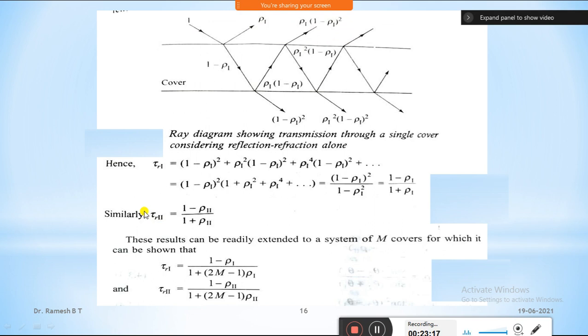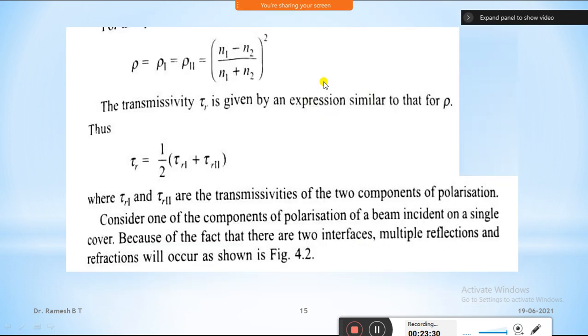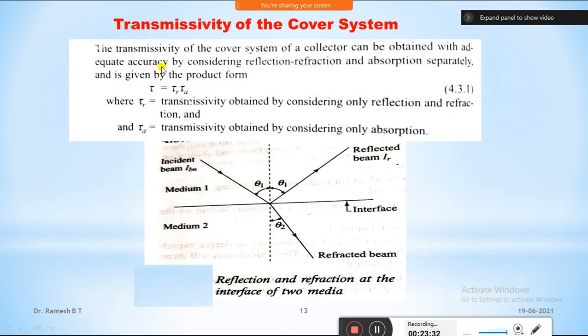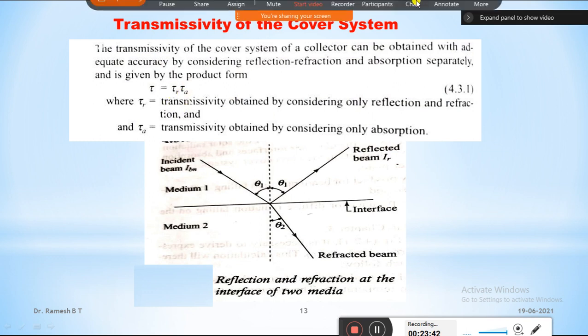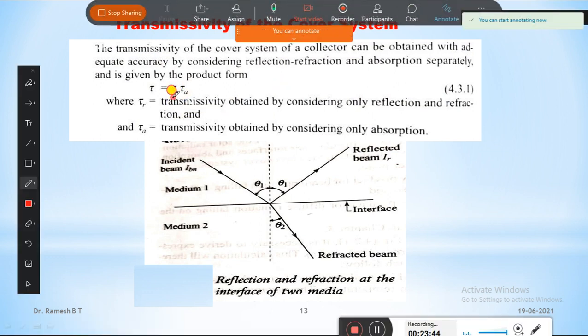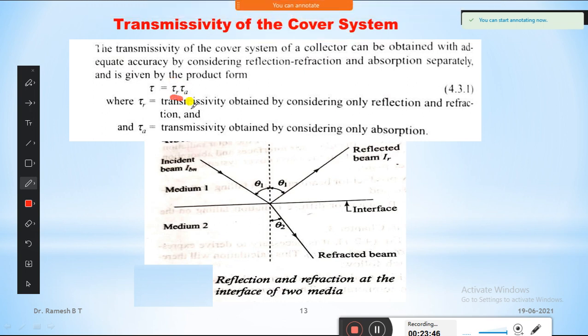Next, one more important term is there, the transmittivity of the absorption. So far what we discussed is the transmittivity of the reflection and refraction. I told you the transmittivity of the cover contains two terms. One is the transmittivity of the reflection and refraction, which is tau r, only this tau r we discussed so far.